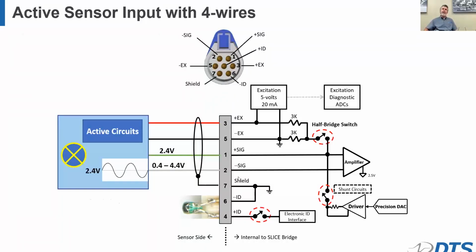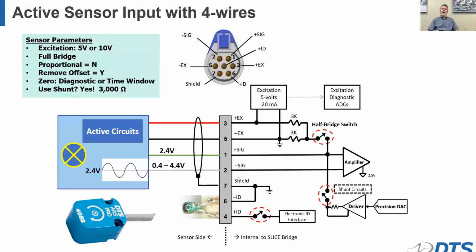In the case of an ARS, our reference voltage that comes out on the plus signal is 2.4 volts. And then as you turn the device left and right, you will get a signal that varies right around 2.4 volts. So at rest, it'll give a 0 differential to that amplifier. We turn it one way, we'll get a negative differential, and the other a positive. There are a whole class of sensors out there like this.